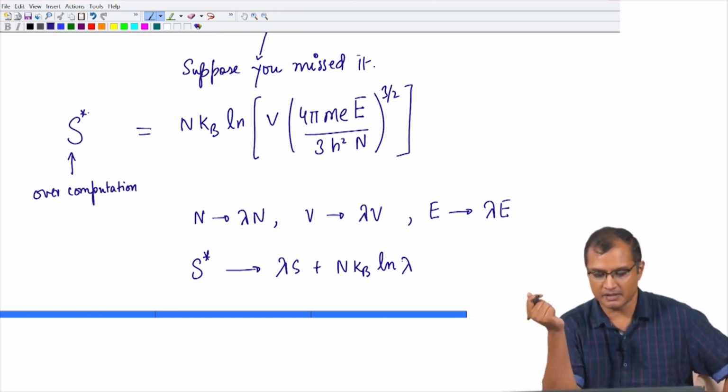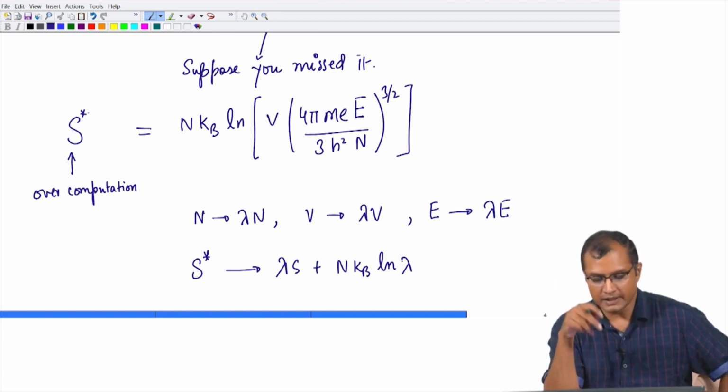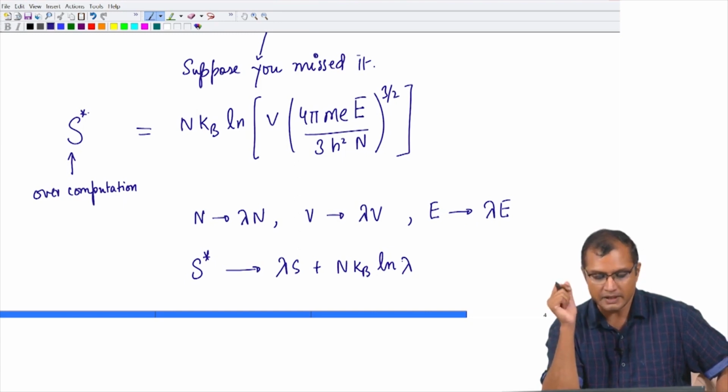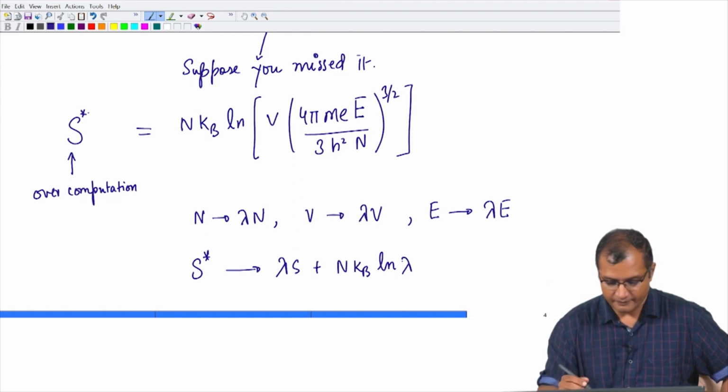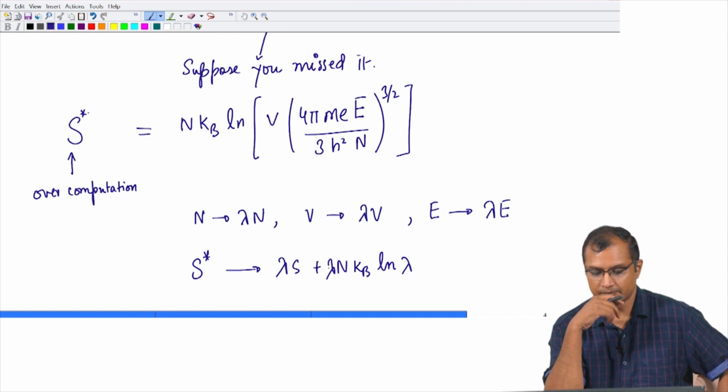So, E by N remains E by N because they both scaled by lambda, and V scaled by lambda V. So, I can take lambda N k_B ln lambda, okay, and the rest, lambda N k_B into V into this thing, is just lambda into S. Okay.